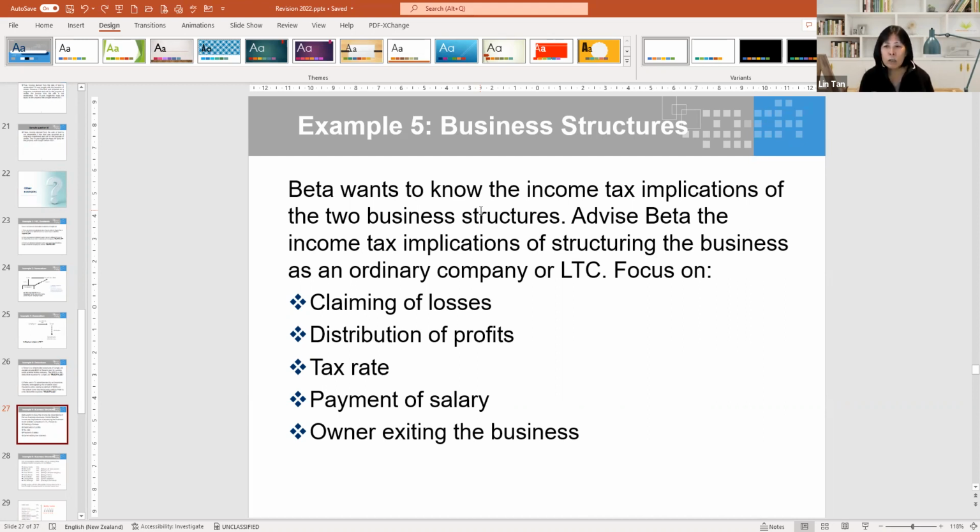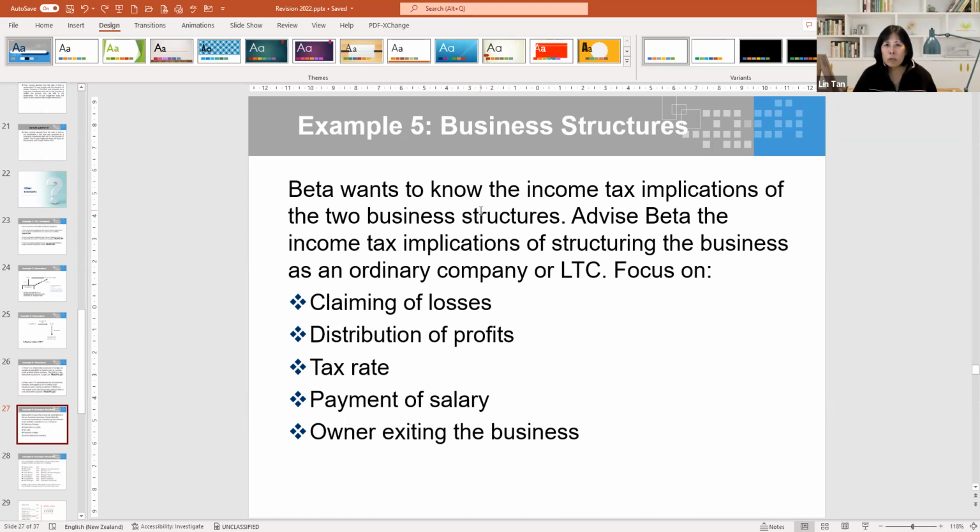If you list one of the advantages as the owner having control of the business, that is not a tax advantage. If we talk about limited liability, that's also not a tax advantage. It's nothing to do with tax. So if it says tax advantage, it must be focused on tax.